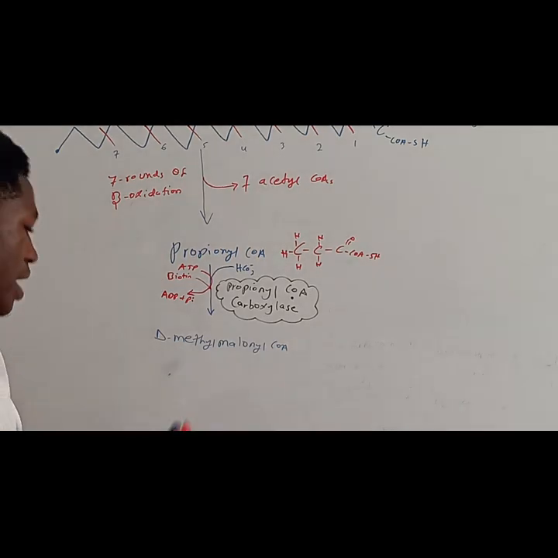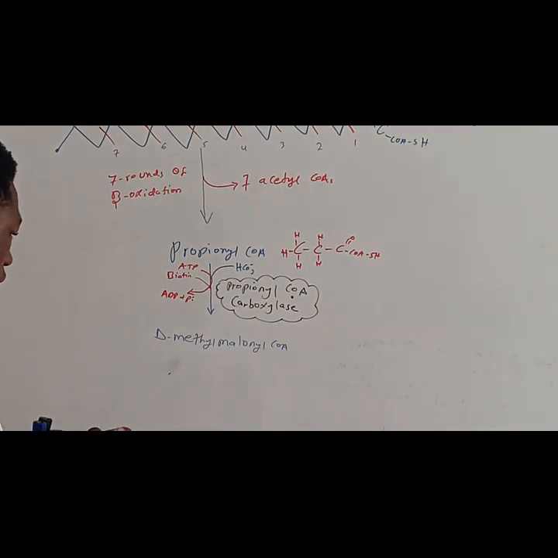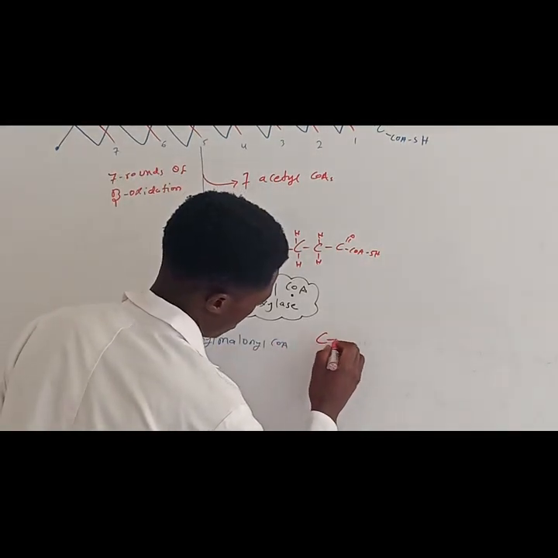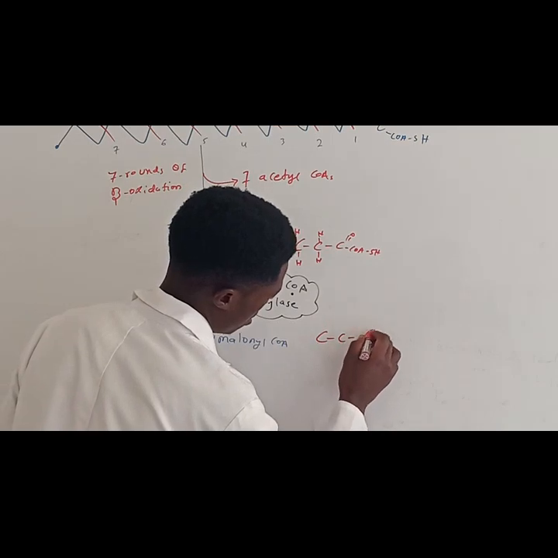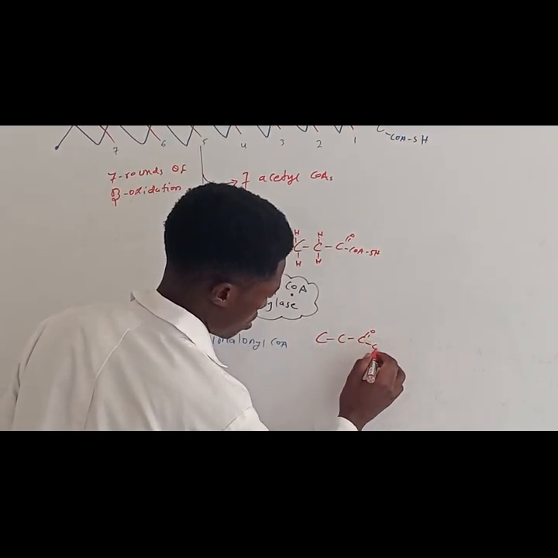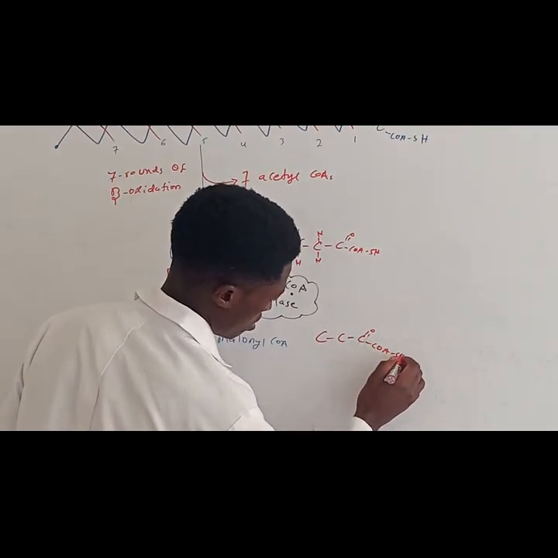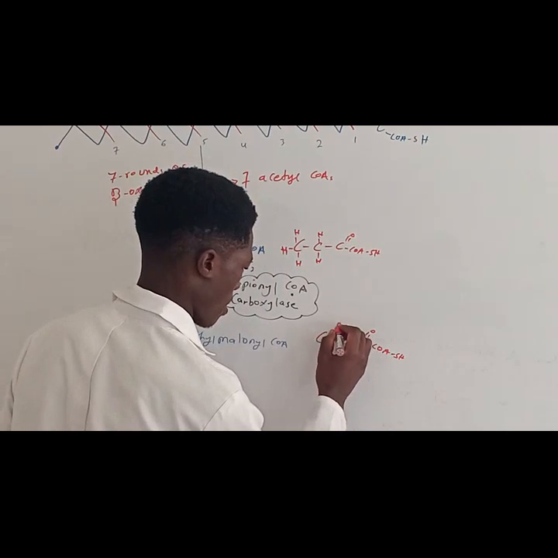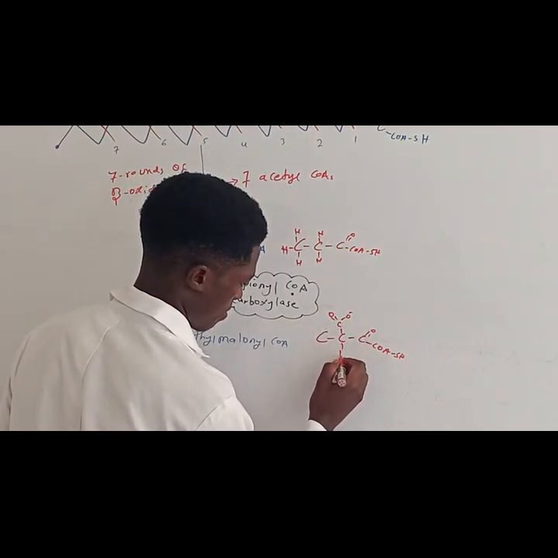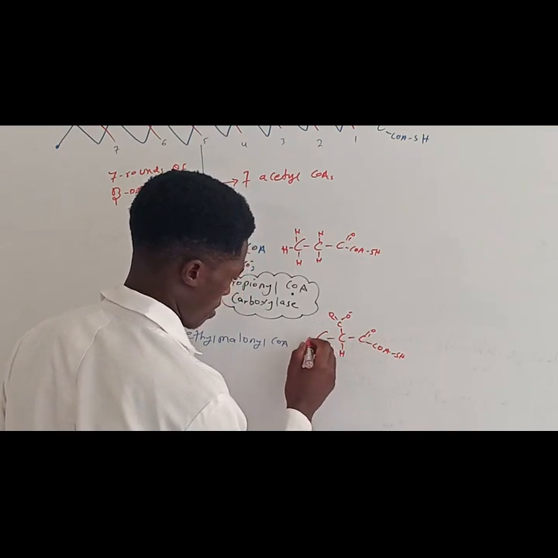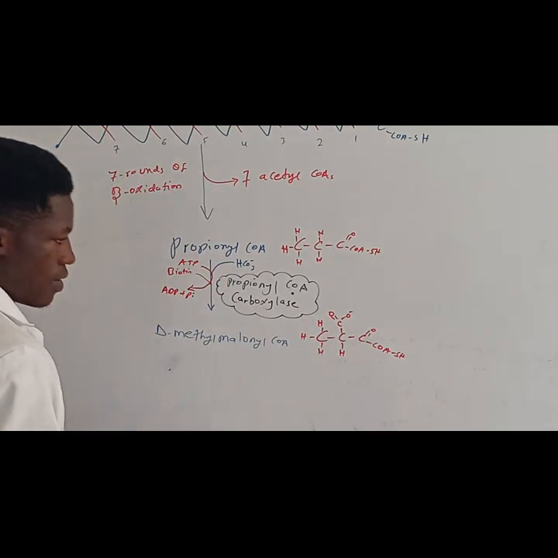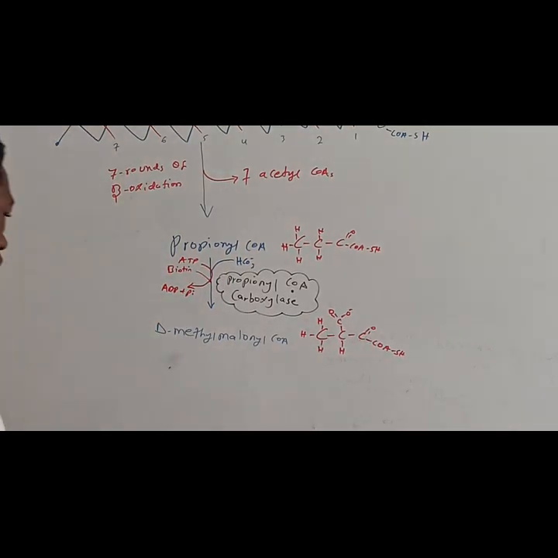So how does the D-methylmalonyl CoA look like? So that is our D-methylmalonyl CoA.